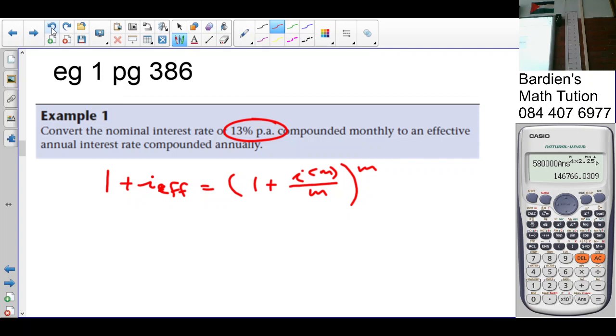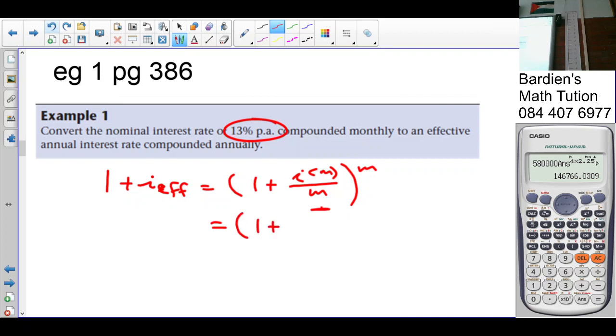But if they didn't say it's nominal, and it says calculate the interest rate of 13% per annum compounded monthly, then you should have known it's the one on that side of the equal sign. The question says to an effective interest rate. Effective interest rate is a yearly interest rate. So in other words, you're calculating this year. Right, so let's go.